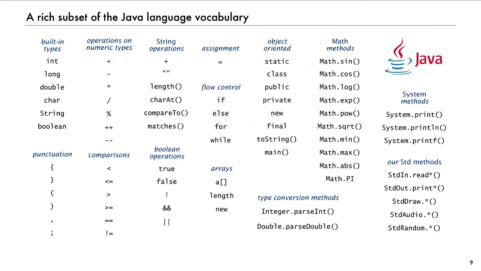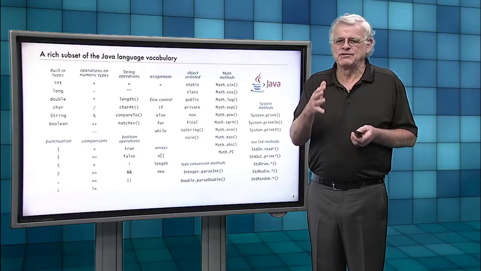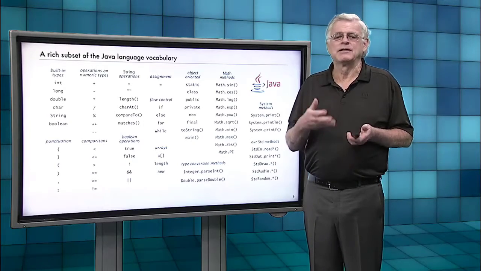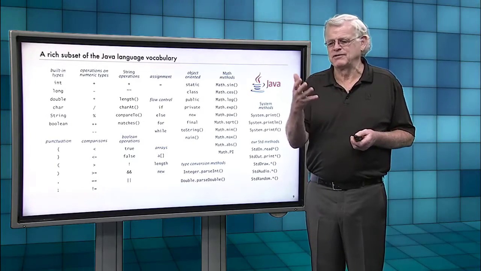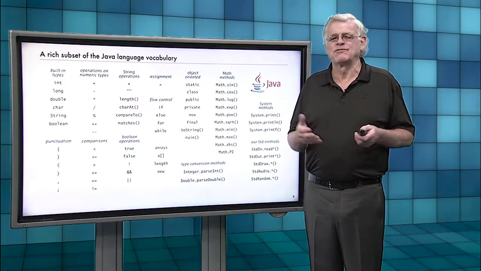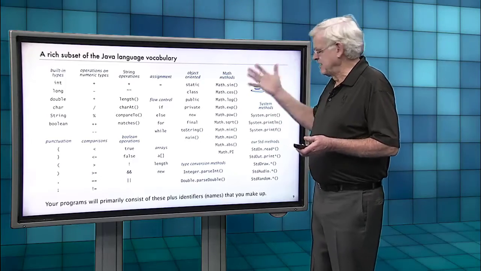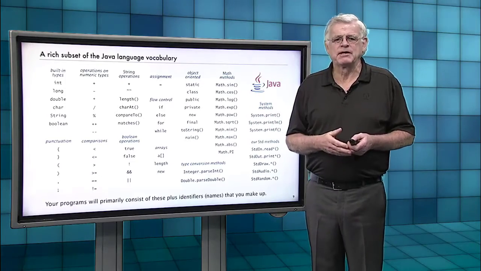Almost all the programs you write are going to be made up of symbols like this, plus variable names that we create ourselves. So the language vocabulary itself is quite limited, and you'll find it not difficult to learn all these things. And then these things are the tools that you need to write a very broad class of programs. Your programs are going to be these plus some identifiers that you make up, and that's it.